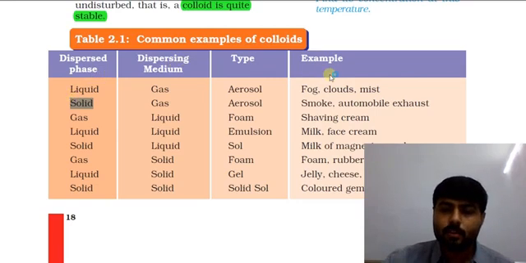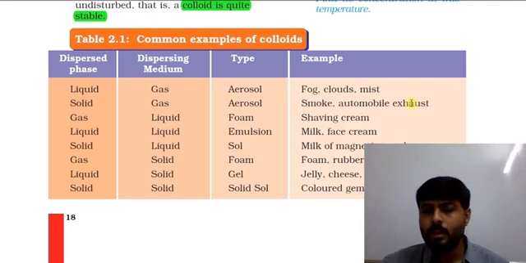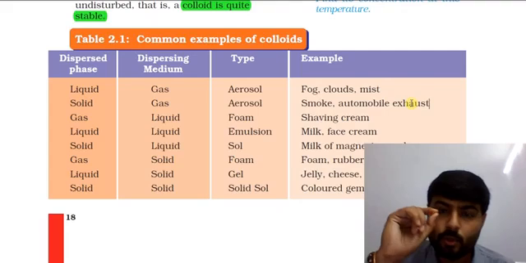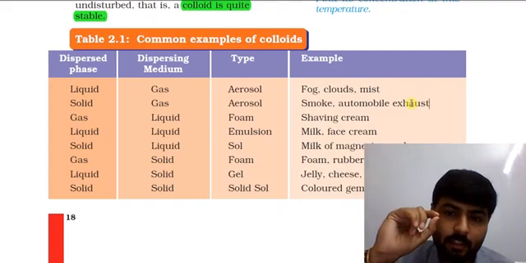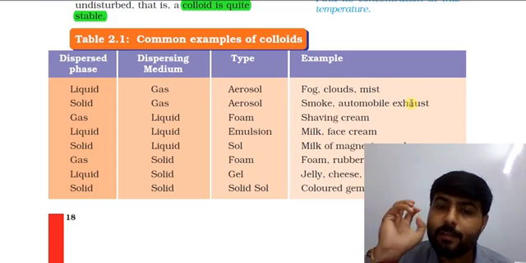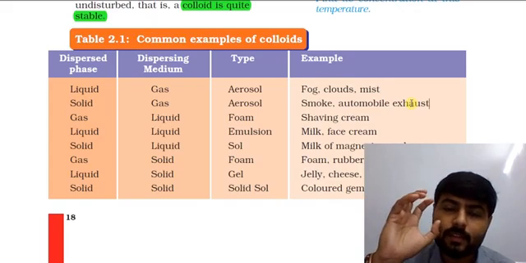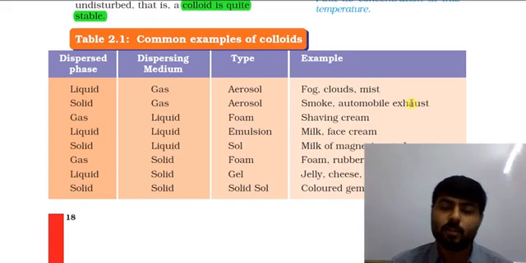That is smoke and automobile exhaust. You can see small soot particles in automobile exhaust, as well as when we burn coal or wood.